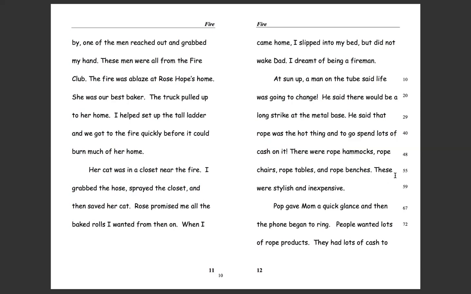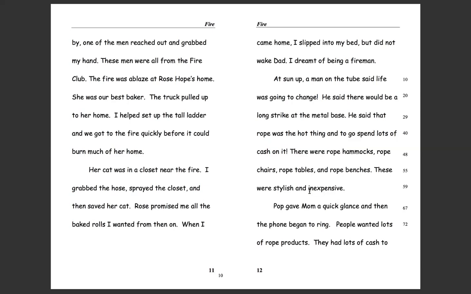These were stylish and inexpensive. Do you know what inexpensive means? Like not very expensive.